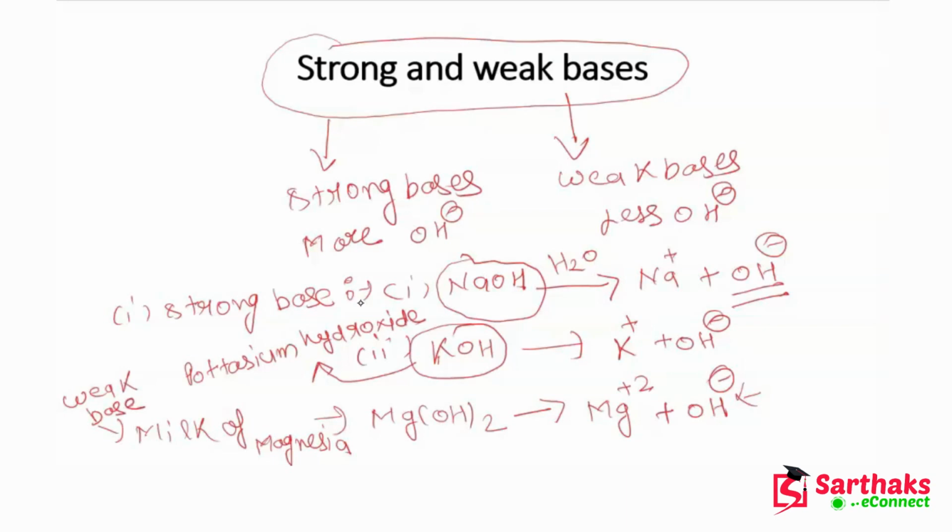Because it gives less OH- ion, we have categorized it as a weak base. Now after understanding this, let's move ahead to the next slide and talk about some more important things.